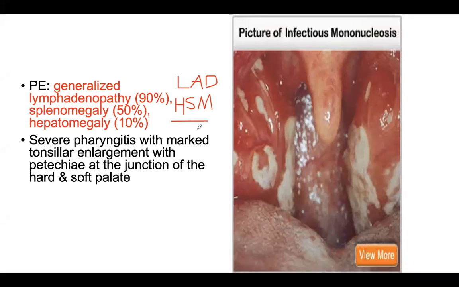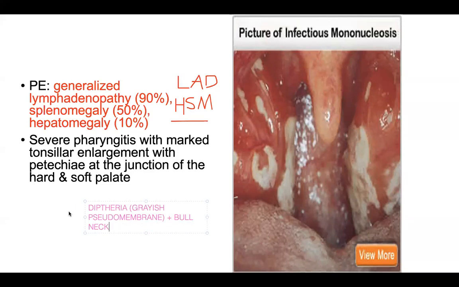So a couple of differential diagnoses, especially if you have a child. One, you have to make sure it's not diphtheria. Diphtheria presents with the grayish pseudomembrane. Please take note of that. It also presents with the bull neck or the marked lymphadenopathy.